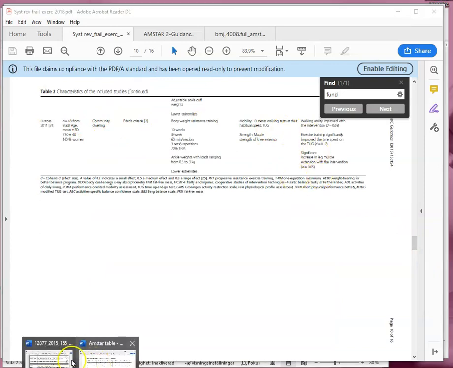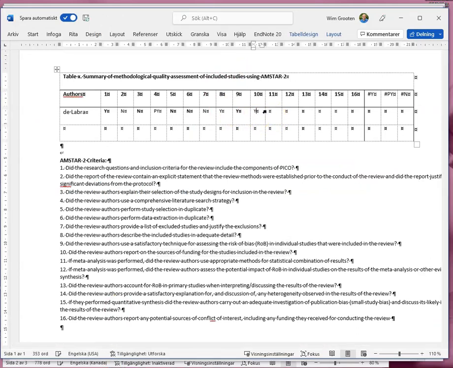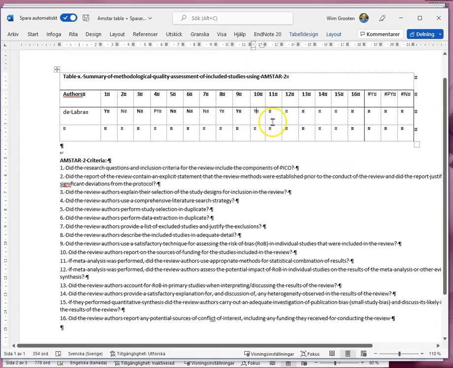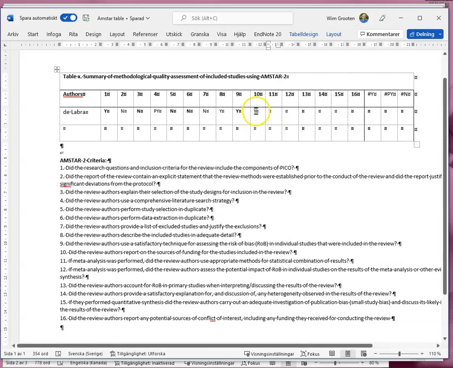So no, they haven't checked for the funding. And I think this could be very interesting, but that is mostly in medicine, with companies involved in physical therapy. It happens so often that companies are involved in funding special types of interventions.